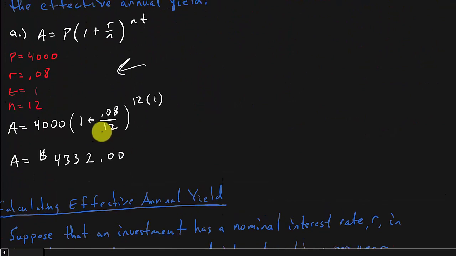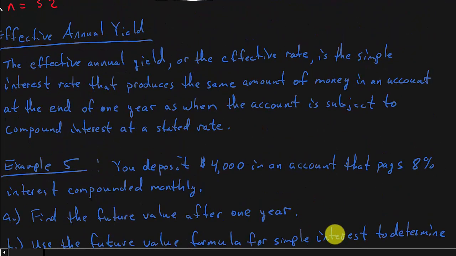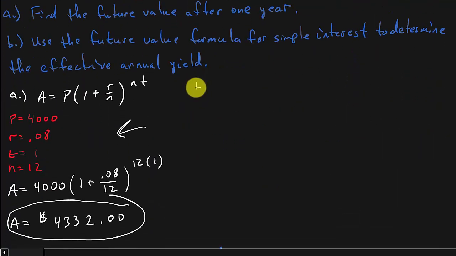Okay, how much are we going to have compounded monthly at the end of the year? That's what that's talking about. Now this up here is the simple interest rate that produces the same amount of money. So what's the simple interest rate?